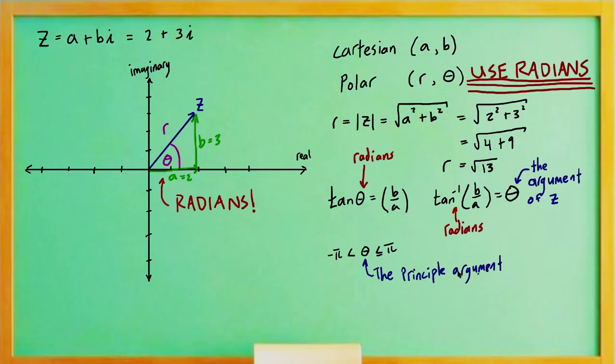The reason we make this distinction for the principal argument is because there's actually an infinite number of thetas that work for defining this complex number in polar form. If we imagine that we start rotating our angle here from the real axis, we can come out to theta. But if we add another full rotation, which is 2 pi radians, we're going to have a different theta.